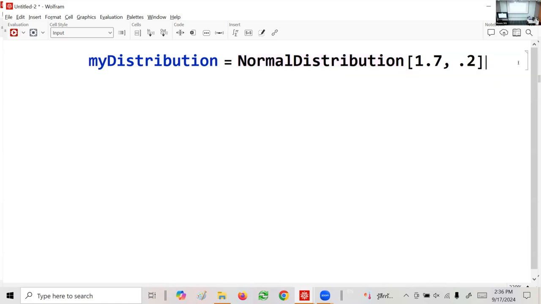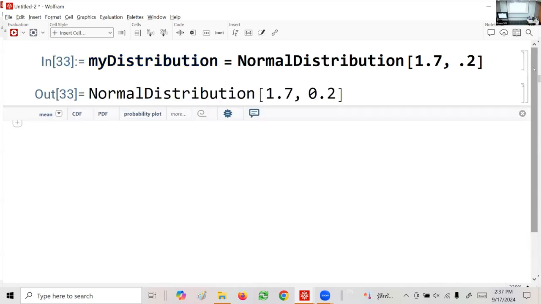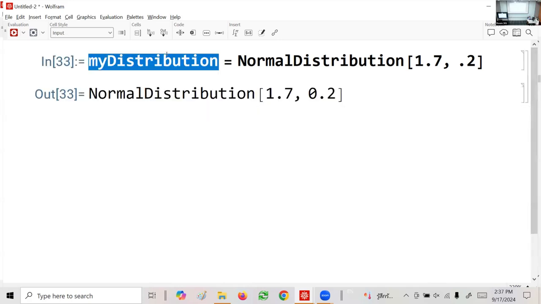Just type something like this. Shift enter, nothing happened, except this now becomes black because now it knows what it is.